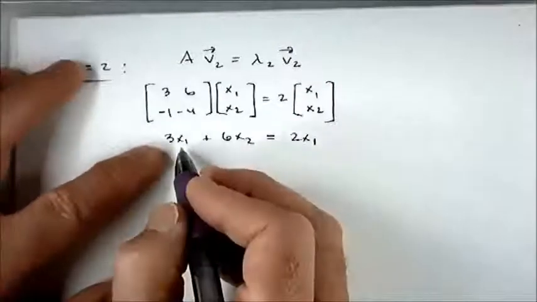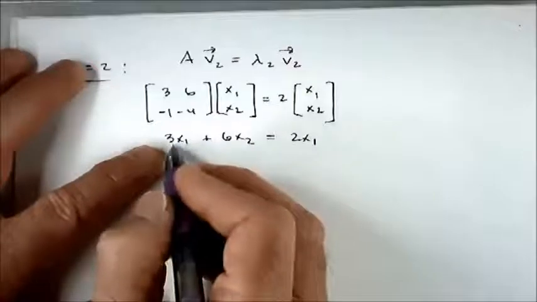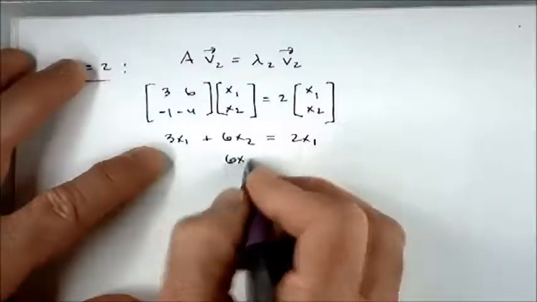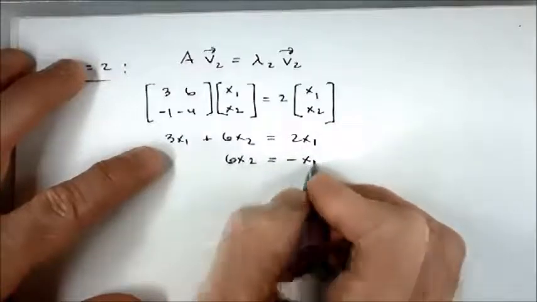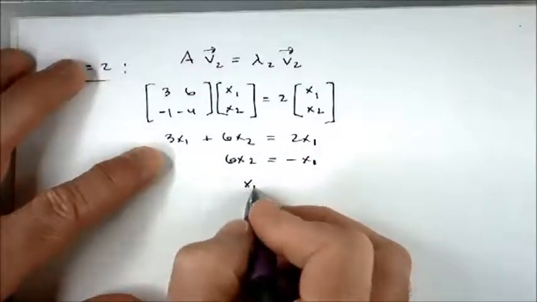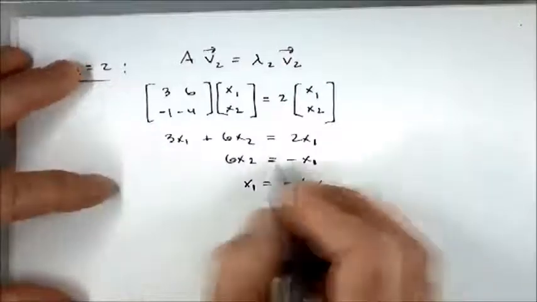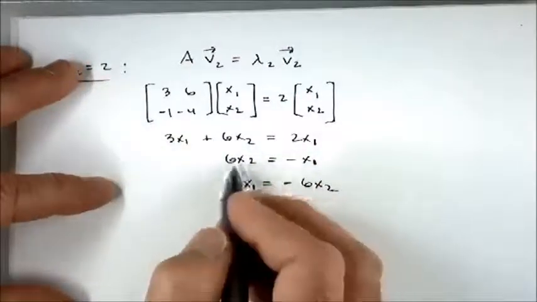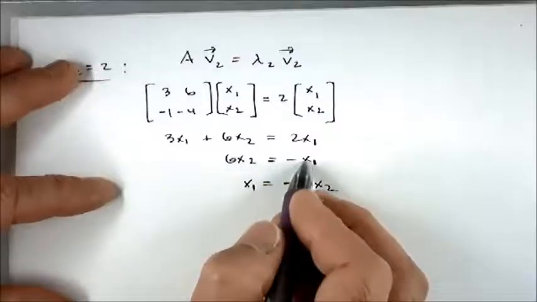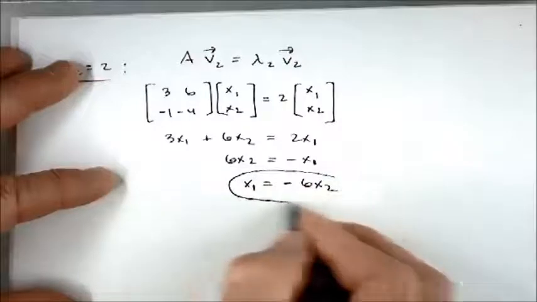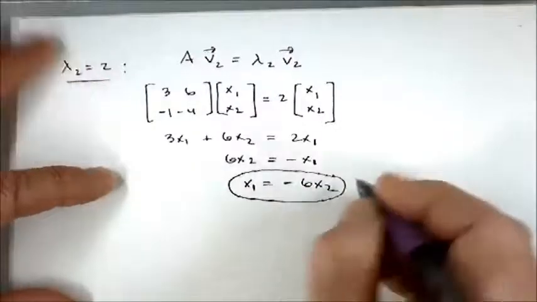And let's see, if I subtract 3x2 over here, I have 6x2 is equal to -x1, which means x1 is equal to -6x2. It doesn't matter which one you solve for. Like I could have solved for x2 and said it was -1/6 x1, either one, it doesn't really matter. But I just need to solve for one of them.